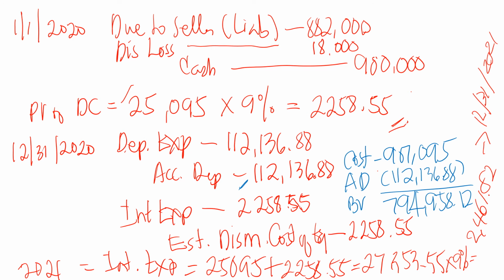So this will be presented as part of property, plant, equipment. So, nakalagay doon, property, plant, and equipment. Tapos nakalagay 794,958.12. Or equipment pa lang. Kasi isa lang naman yung asset natin for this particular problem.